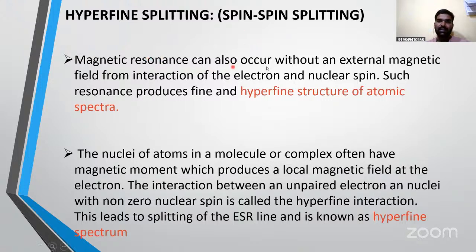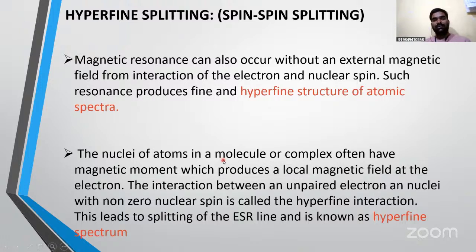Magnetic resonance can occur without an external magnetic field, from interaction of the electron and nucleus fields. Such resonance produces the fine and hyperfine structure of atomic spectra.